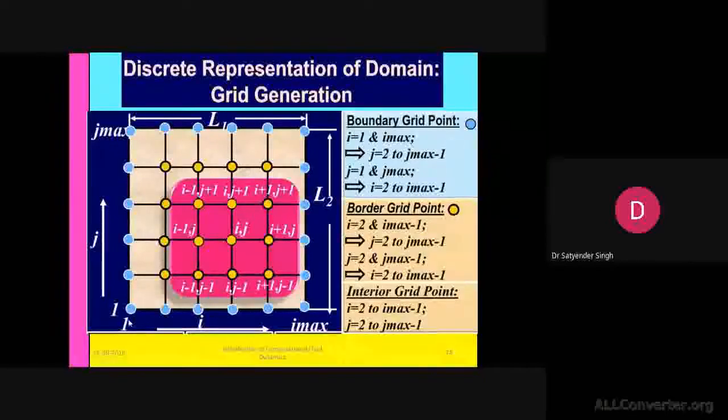Let's say this particular plate has Imax, which represents the length in the x direction, and Jmax represents the length in the y direction. Then we have delta I or delta x, the increment in the x direction, which is the difference between two nodes here, likewise.